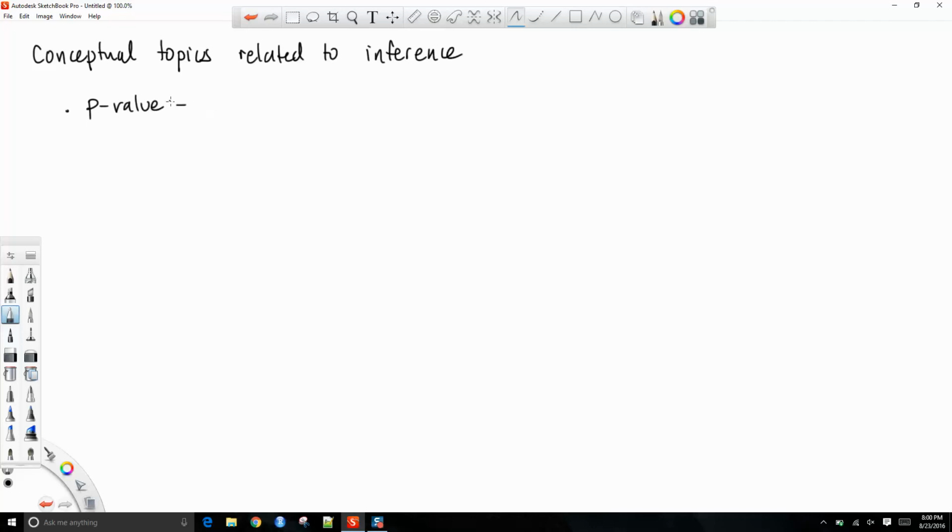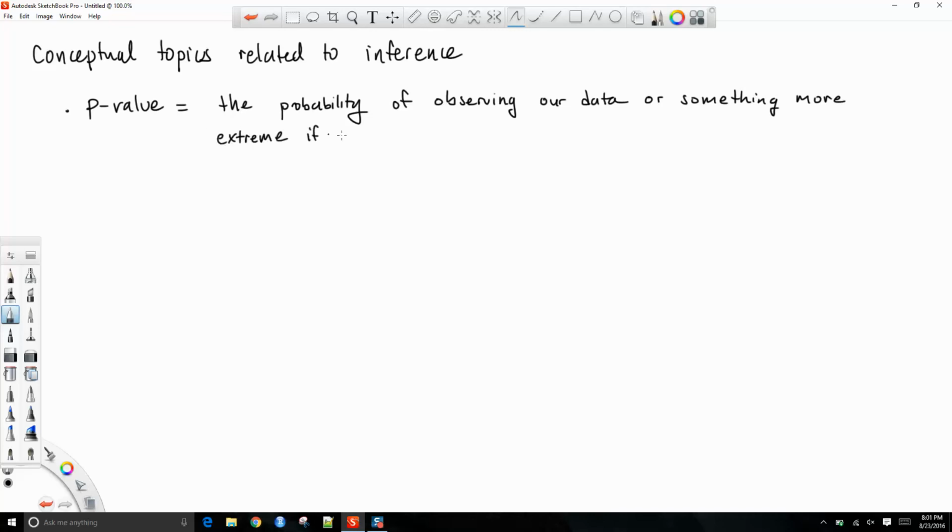Okay. So our definition for the p-value is this: it is the probability of observing our data or something more extreme if the null hypothesis were true.